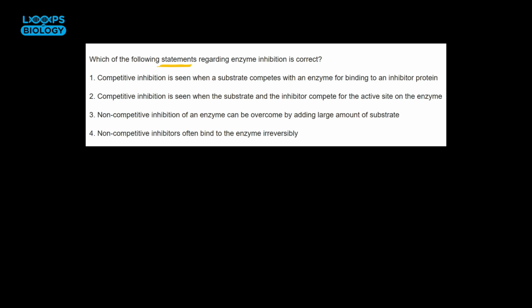Competitive inhibition is seen when the substrate and inhibitor compete for the active site of the enzyme. Right, it is right. The first is not correct, because the substrate competes not with the enzyme but with the inhibitor. So the second one is correct.